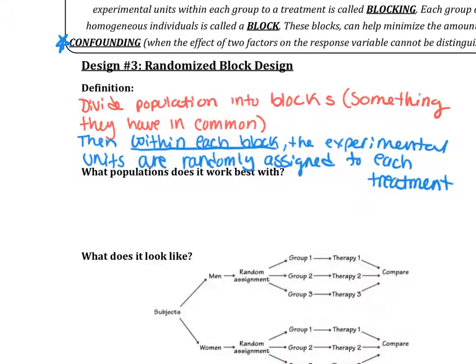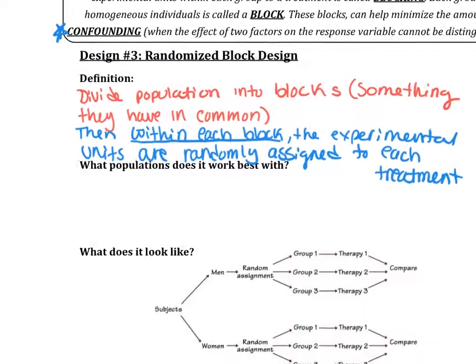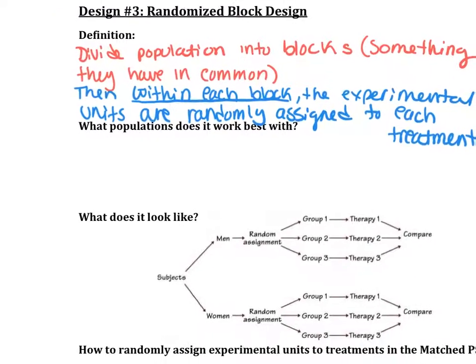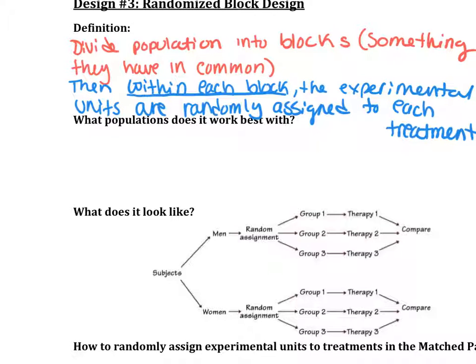Okay, so what populations does the randomized block design work best with? This is when you have heterogeneous populations, or populations that are different and they're not all the same.